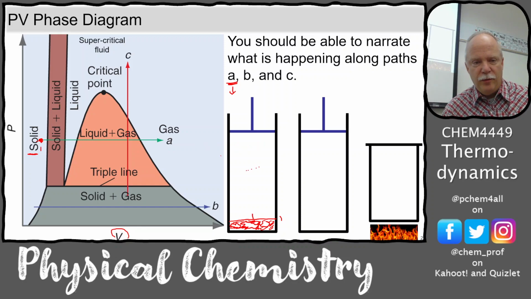So we move this up a little bit. Let's draw another piston line here. So this is the little piston. We'll call this 2. Now we're inside this solid-liquid equilibrium region, 2. There we still have the solid, but we've got some liquid.